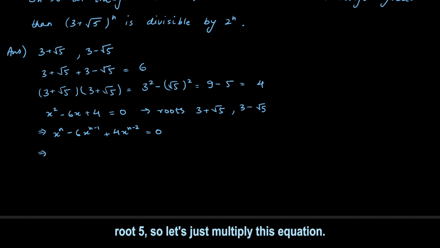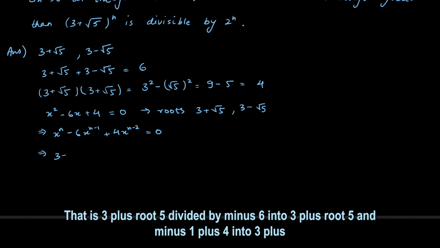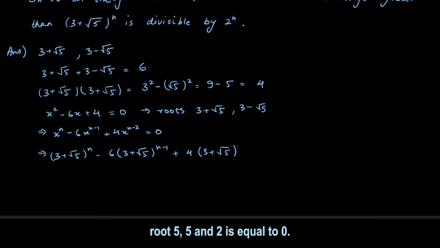That is, (3 + √5)^n − 6(3 + √5)^(n−1) + 4(3 + √5)^(n−2) = 0.